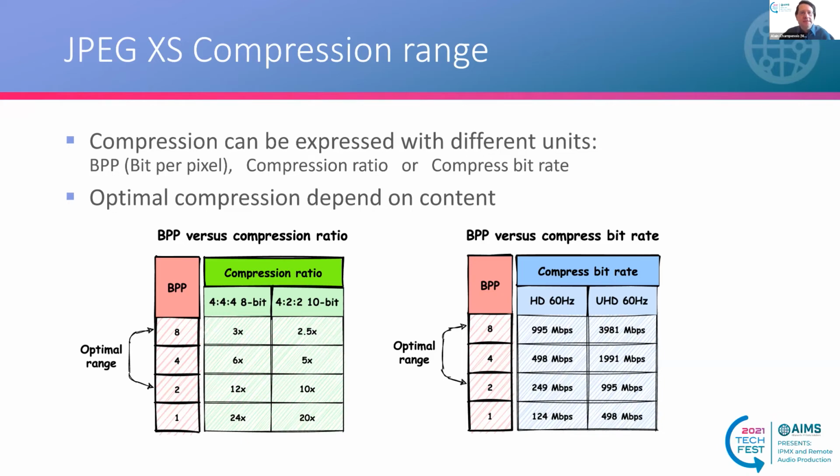Secondly, BPP is independent from the frame rate and the resolution, and it will also abstract the bit depth and chroma type. This means that for a given BPP value, you should achieve a similar level of quality across any type of format or resolution. So this makes BPP a simple metric to use when talking about quality.